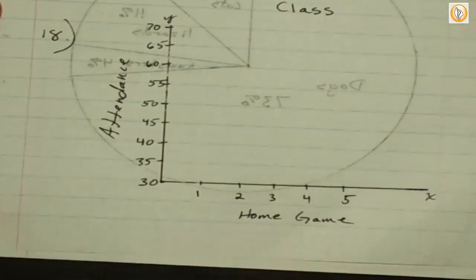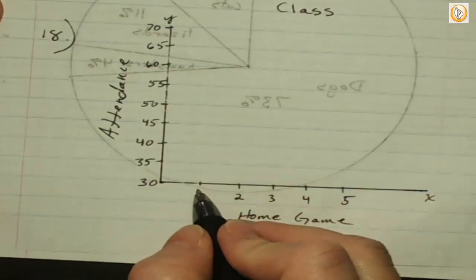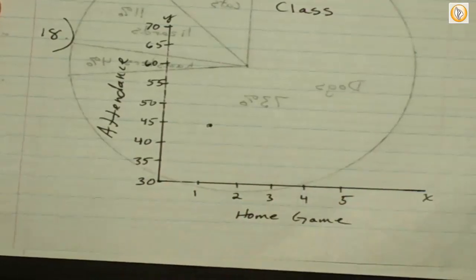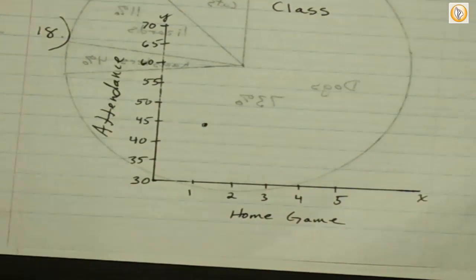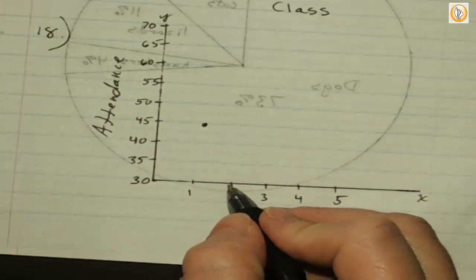Okay, so for number 1, Joseph, what value is the first home game? So I'm going to put a dot on 45. Kelly, for home game 2, what is it? 38.